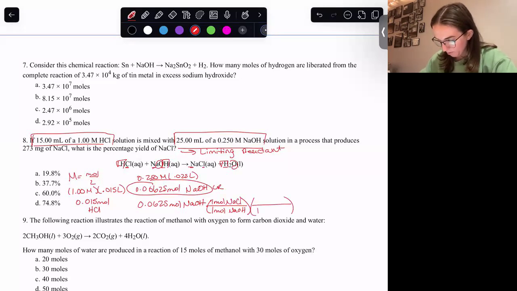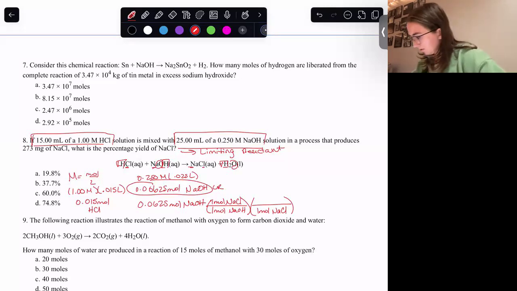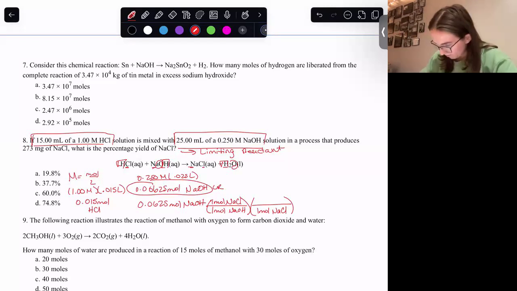And then 1 mole of NaCl is equal to 58.44 grams.